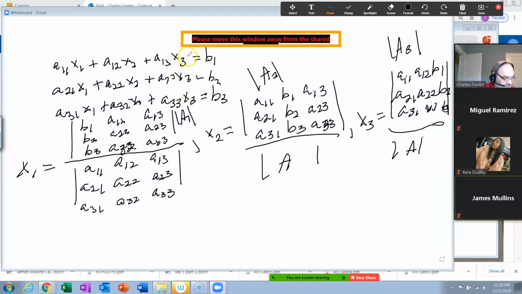Okay, and they don't spell all those out, but that's what they get. Okay, and that's theorem 3.11, which if you have n linear equations and n variables, the coefficient matrix A with non-zero determinant, then this is your answer. x1 is the determinant of A1 over the determinant of A.